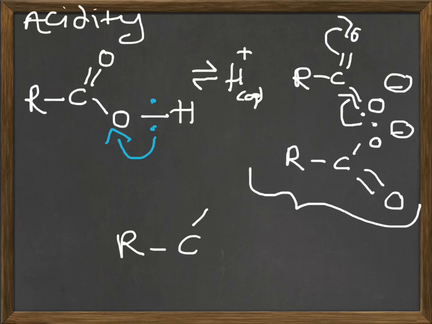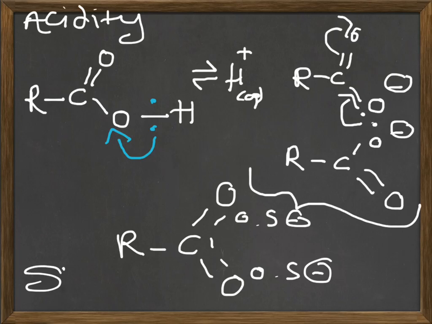Now, the carboxylate ion is very stable. If you look at how it forms, it has a delocalized structure, and the negative charge of the carboxylate anion is spread over the two oxygens. So if we actually look at a crystal structure of a carboxylate like this, you'll see that the bond lengths between the carbon and the oxygens are the same.